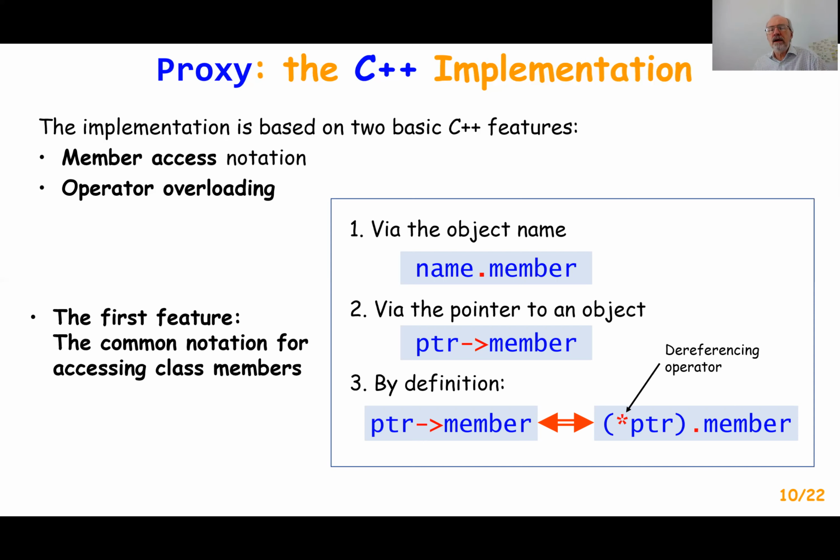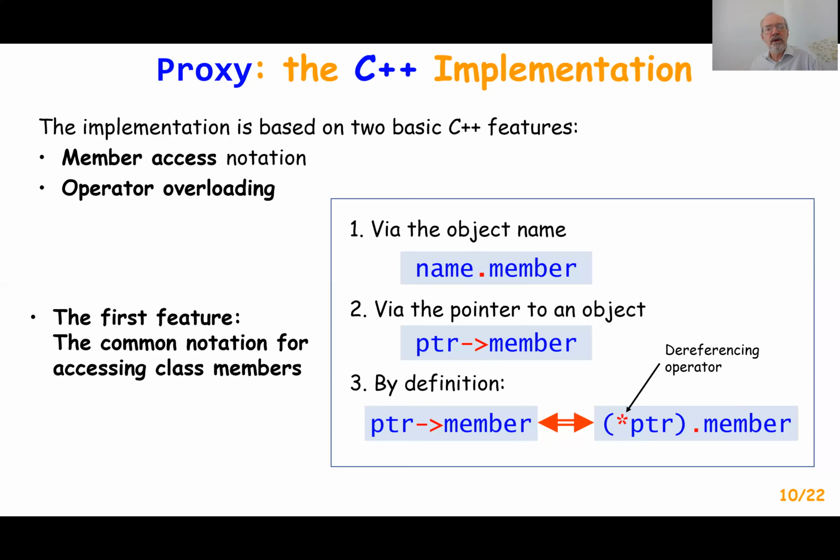Okay, and the relationship between these two ways is illustrated under point 3 on my slide. So by definition, the access to a member via pointer is the same as the construct I have written on the slide at the right side. So look at what we are doing.